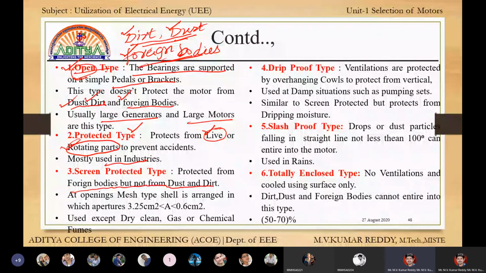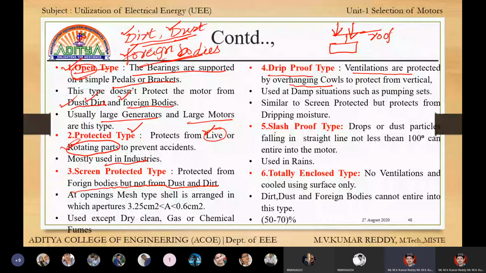Next, drip proof. In drip proof, the ventilations are protected by overhanging, to protect from the top direction. These protect the three factors, dust, dirt, and foreign bodies, from the top. These are connected to the roof.